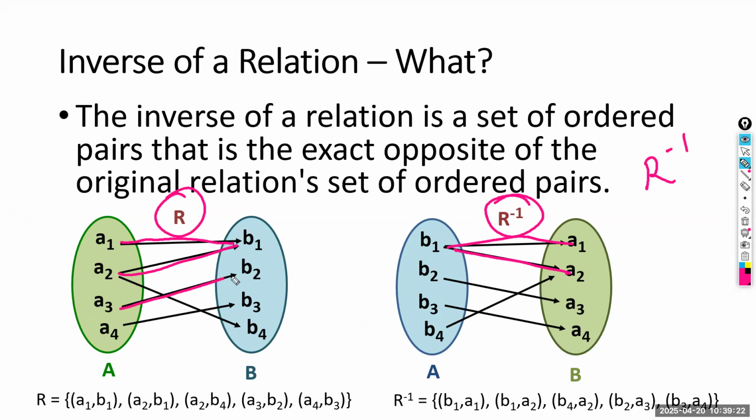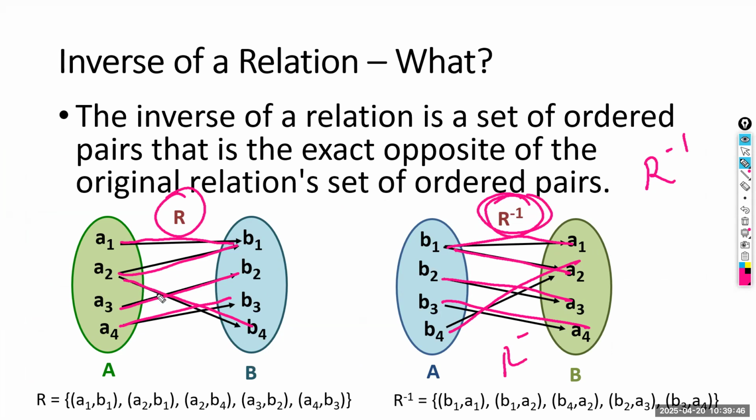If there's A3 to B2, there must be B2 to A3. If there's A4 to B3, there must be B3 to A4. And if there's A1 to B4, there must be B4 to A1. So when there's X to Y, here there's a Y to X. So definitely, this is R inverse.